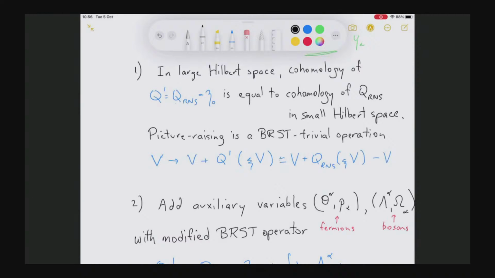Okay, so if we're in the large Hilbert space, then of course the BRST operator is not enough to define the cohomology. It has to be annihilated both by A to 0 and by QRNS. One way to implement this in a large Hilbert space is to consider the cohomology of Q prime, which is equal to the difference of QRNS and A to 0.